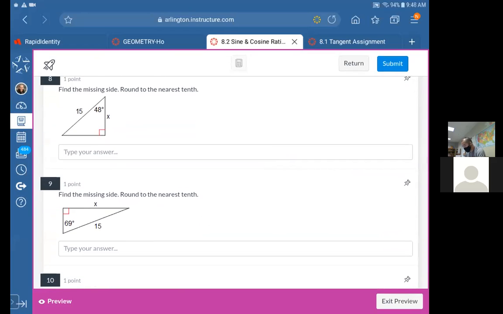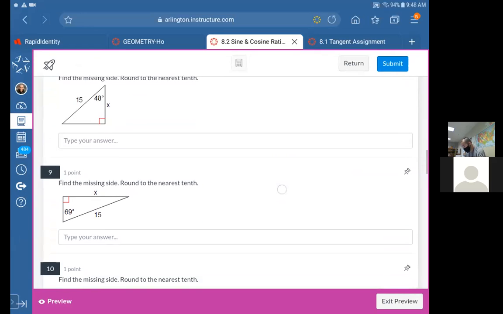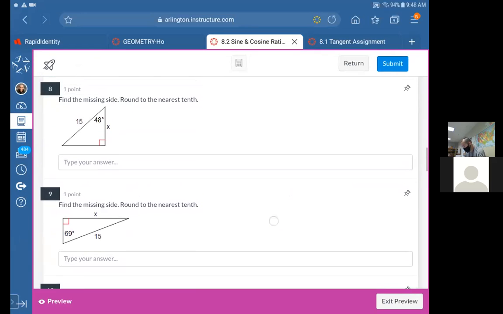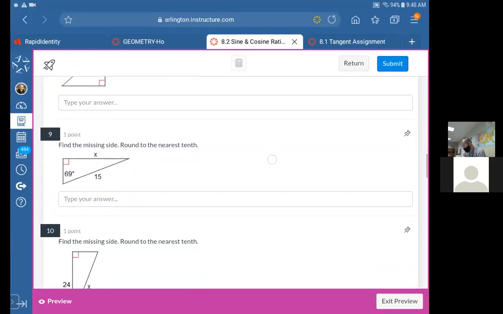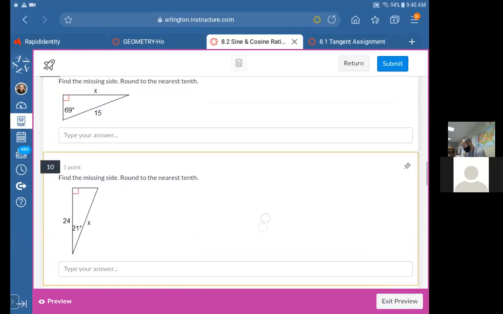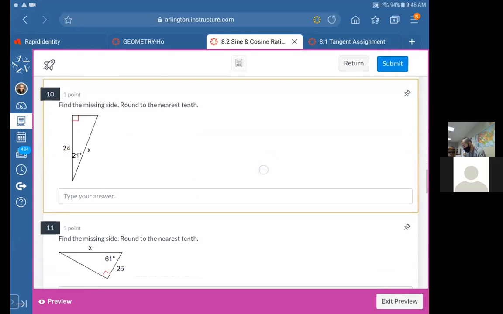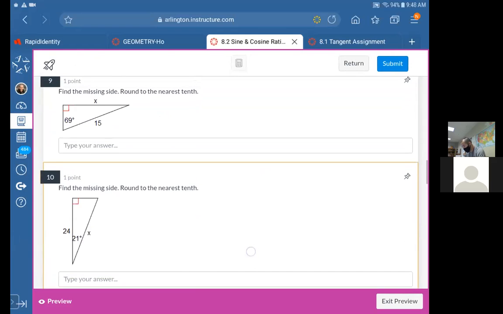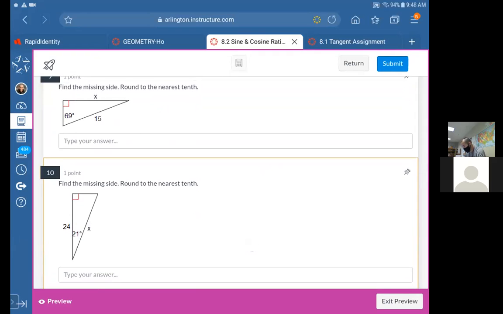Okay, so find the missing side. Let's see. So that one's going to be cosine. That one's going to be sine. That one's going to be cosine. Okay, let's look at these two.